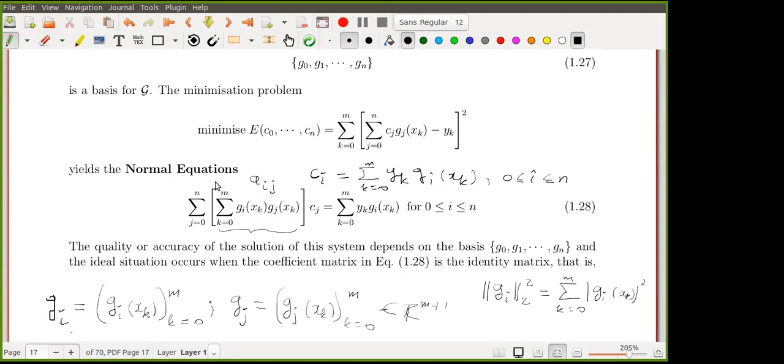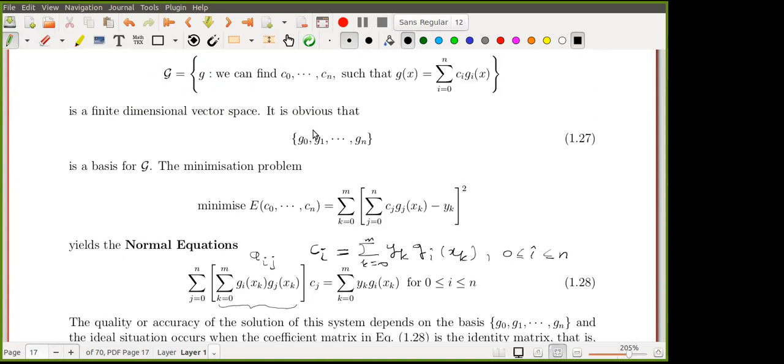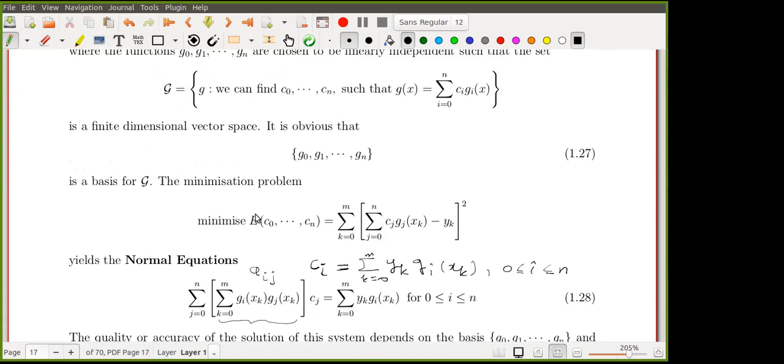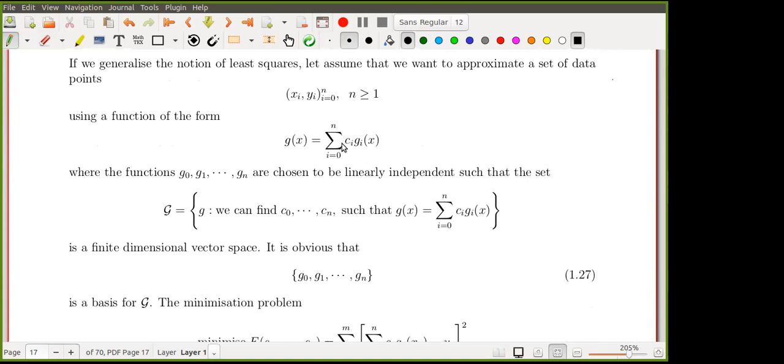So you can see that there is no need to solve a dense matrix, right? We have directly the value of c_i. So we have all these unknowns, all these coefficients, because that is what we are trying to compute through this minimization problem. So once we know the c_i, we know the function g(x).